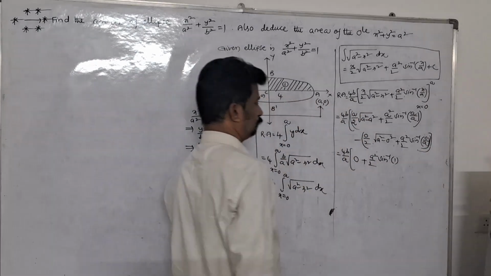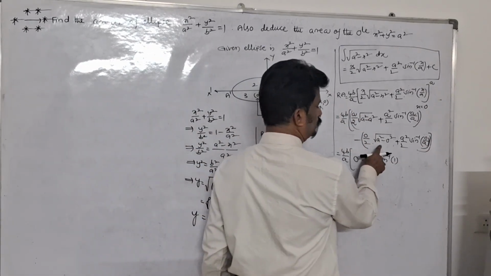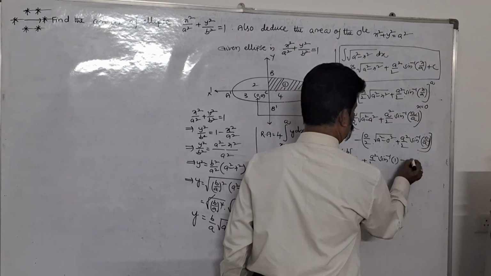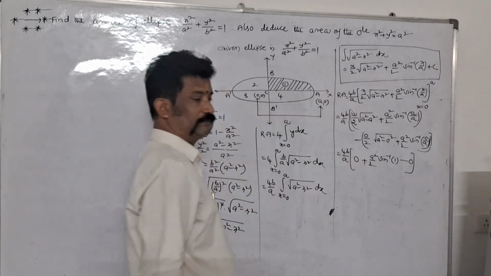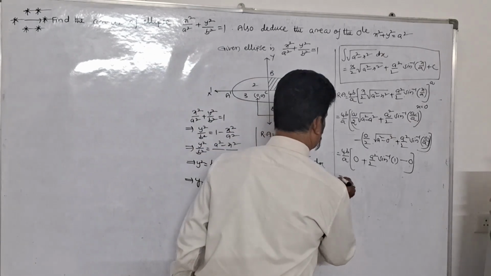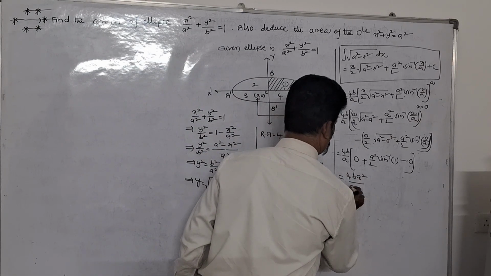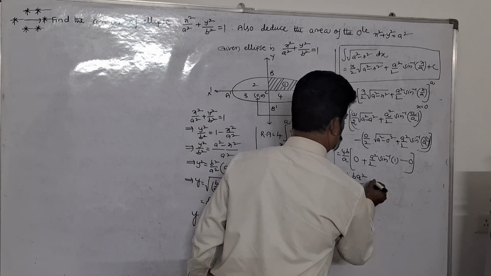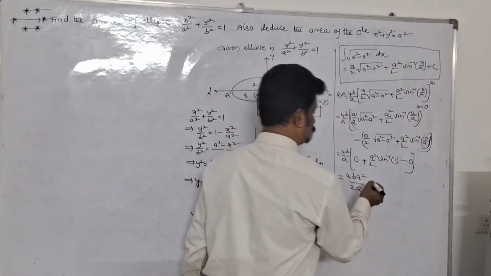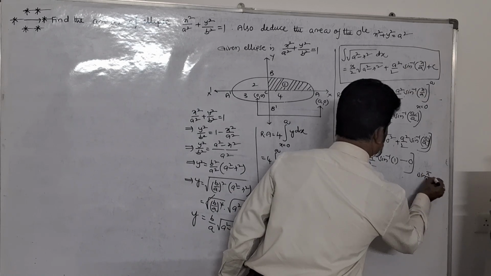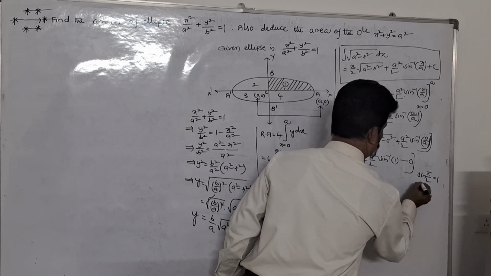That's it. Okay? 0 into this one is equal to 0. Sin inverse 0 is 0. This value is equal to 0. Lower limit is equal to 0. So this implies 4b into a square by 2a into sin inverse 1. Here sin 90 is equal to 1, right?